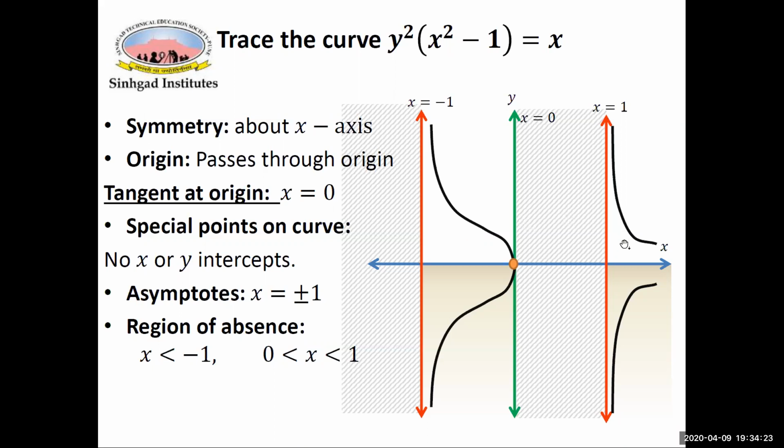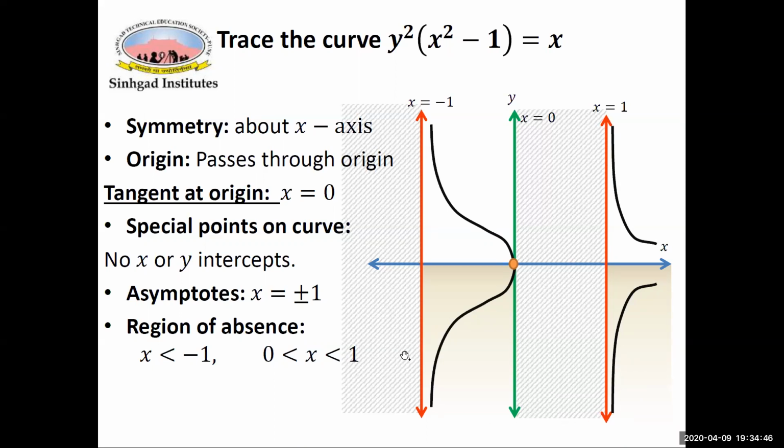Now see here, since there is no point of intersection with the x-axis other than the origin, your curve will be hanging over here. It will reach 1 at infinity. And since it is symmetric about the x-axis, the same curve will exist here.